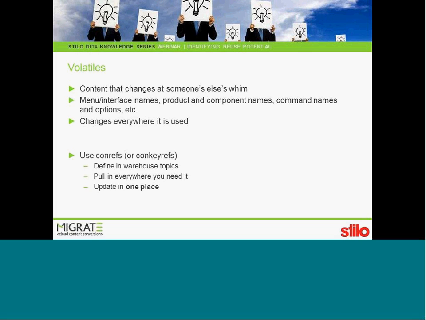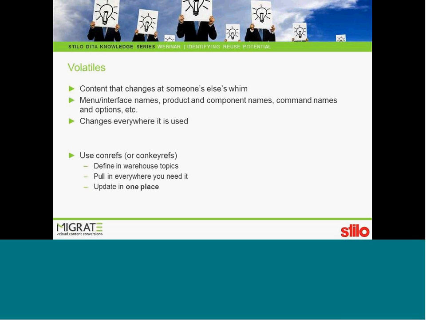But in warehouse topics, you store all your reusable snippets, basically, to pull from that warehouse topic into your regular task, concept, reference, everything you need that piece of content. So then you just update it in one place in your warehouse topic, and you're good to go. Your ability to update these volatile things becomes a matter of minutes instead of hours or days.